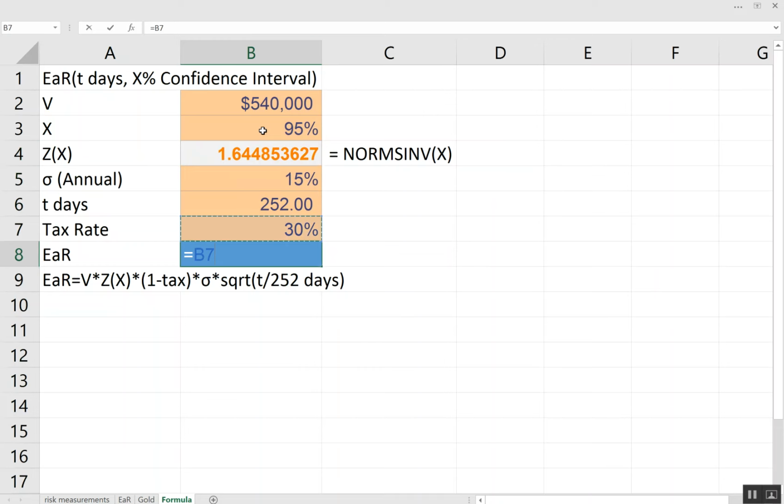So if I take my V times Z of X times 1 minus the tax rate times, now here's the trick, square root of T days divided by 252. Now remember, 252 is roughly the number of days in a year. So if I want the 1-year EAR, just type in 252 days.